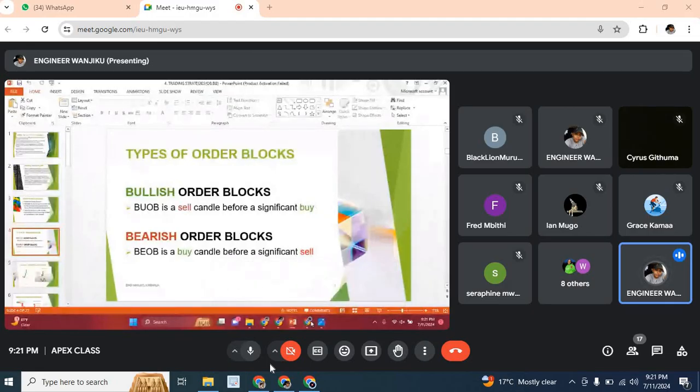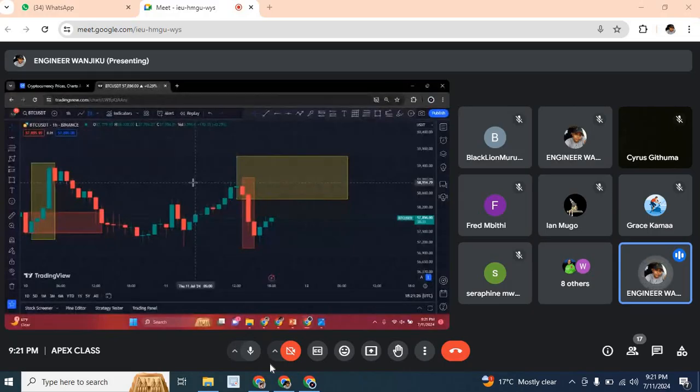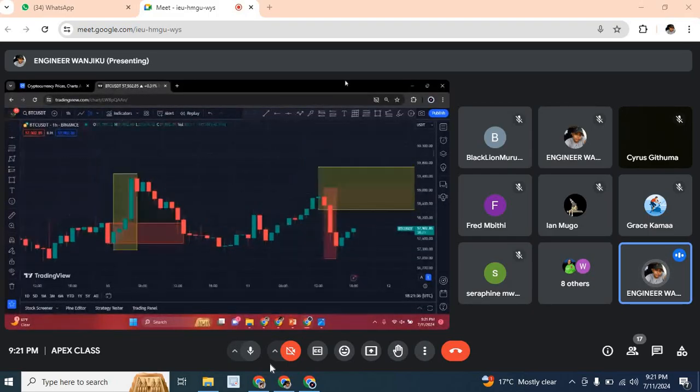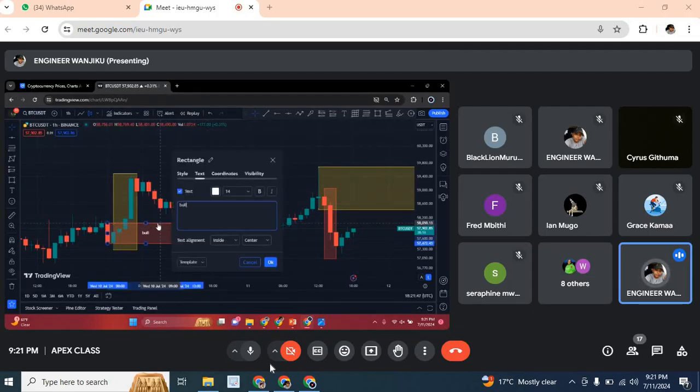If I go back here, the last sell candle before a significant buy is a bullish order block. Let me name it. This is now our bullish order block, in caps.